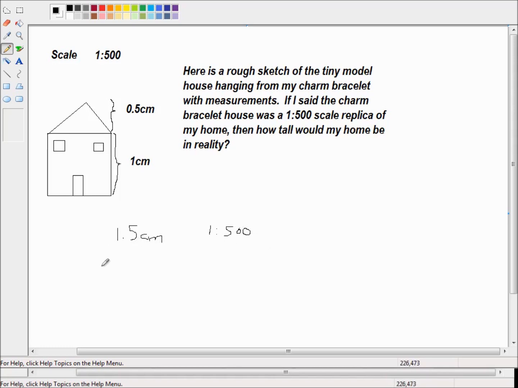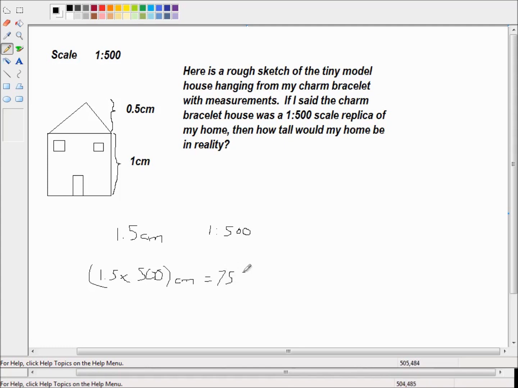So 1.5 centimetres is 1.5 times 500, and all that is centimetres, which is equal to, well, 1 times 500 is 500, and half of 500 is 250, and 500 plus 250 is 750.